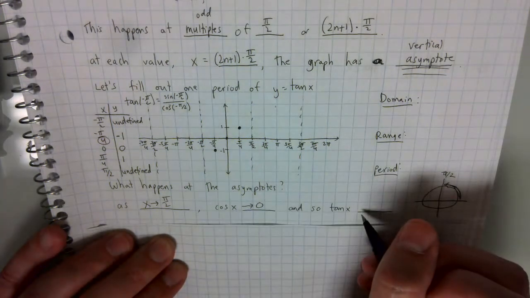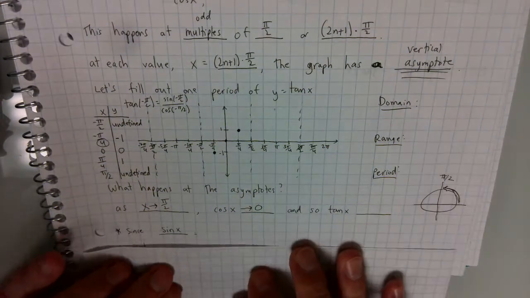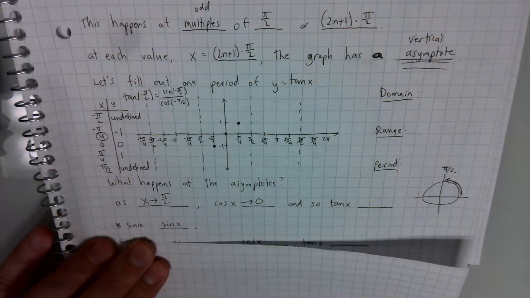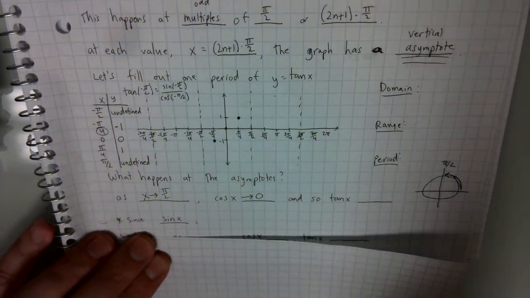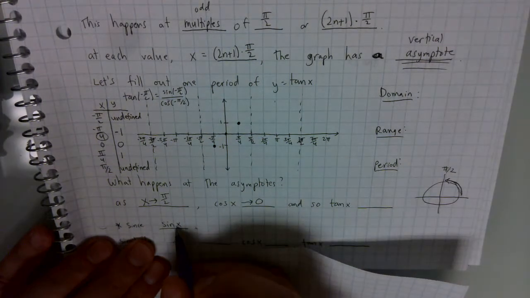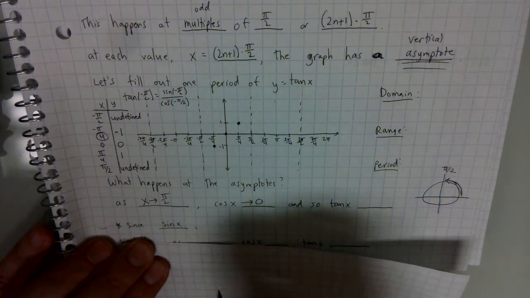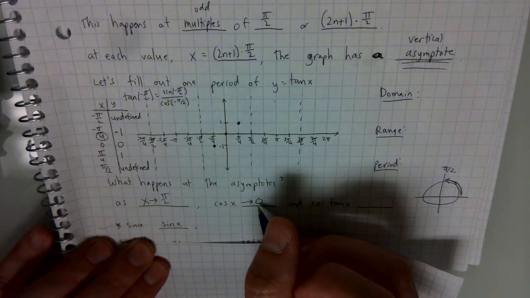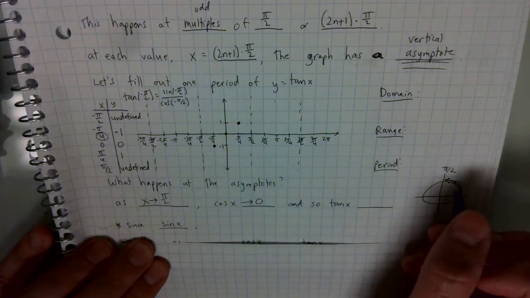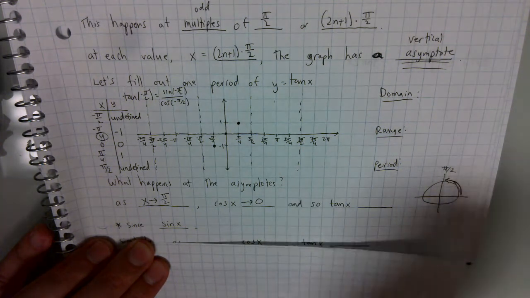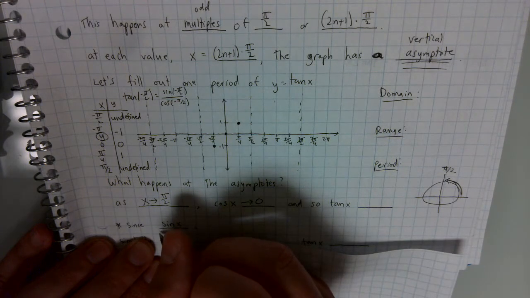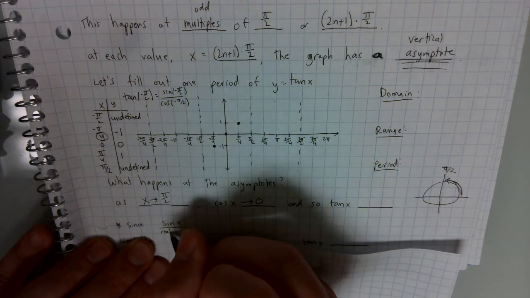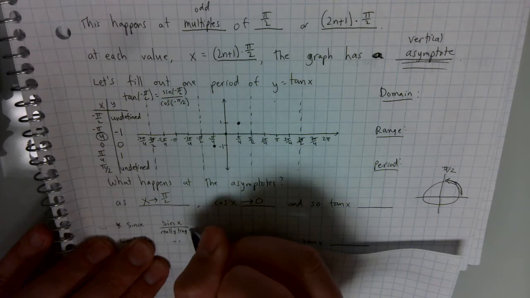So what does that mean is happening to tangent? Well, I'm going to write down here what's happening to tangent. If you have the sine x on top, cosine on bottom, and the cosine is just getting closer and closer to 0 as you keep getting closer and closer to an angle of pi halves, what that ends up meaning is you get a really, really tiny number.